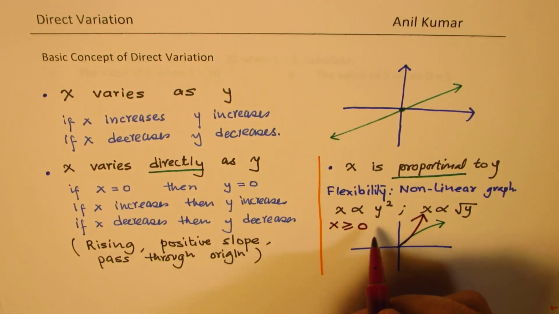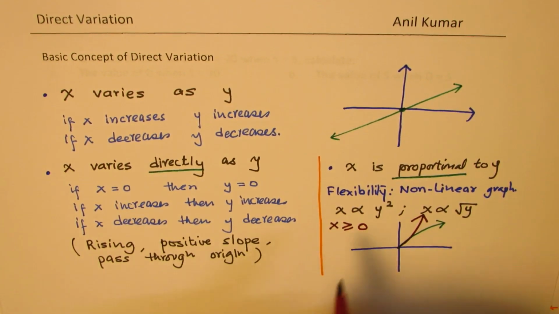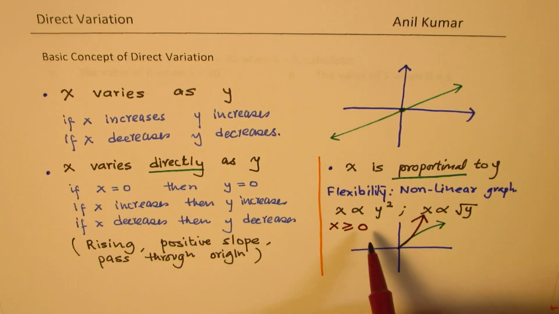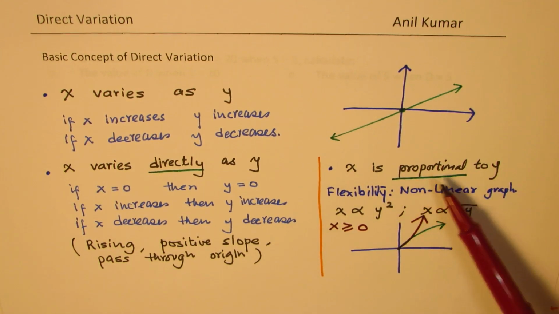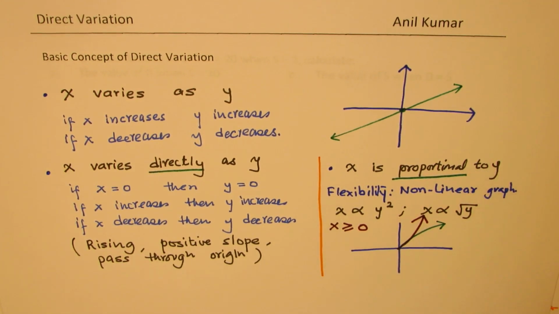We'll have a condition, because on the left side the graph is decreasing, so we cannot take that part into consideration. So when we use proportional to, the graph is as shown. Does that make sense to you?